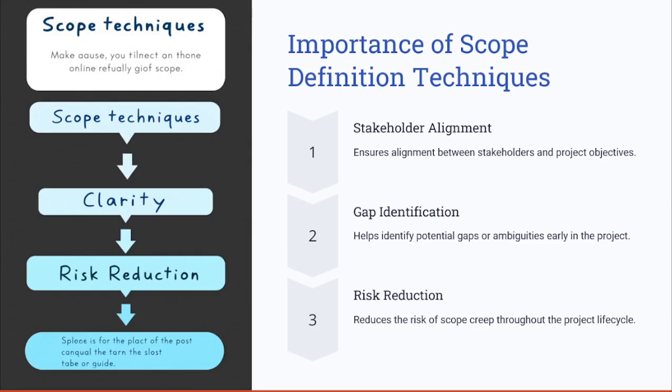These methods enable teams to identify gaps or ambiguities early, reducing the risk of scope creep and ensuring the project alignment with the objectives. Again, the key points on why we use techniques and tools when defining the scope: it ensures the alignment between the stakeholders and project objectives, it helps to identify potential gaps early, and it reduces the risks of scope creep.